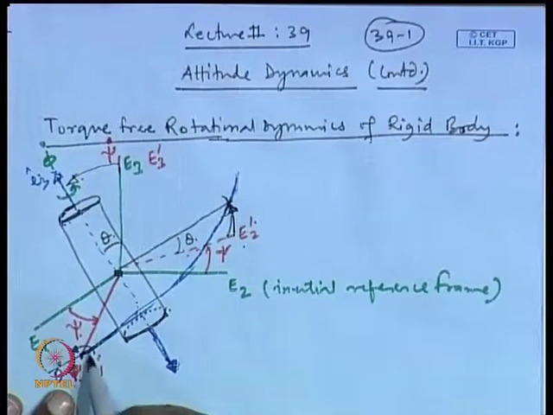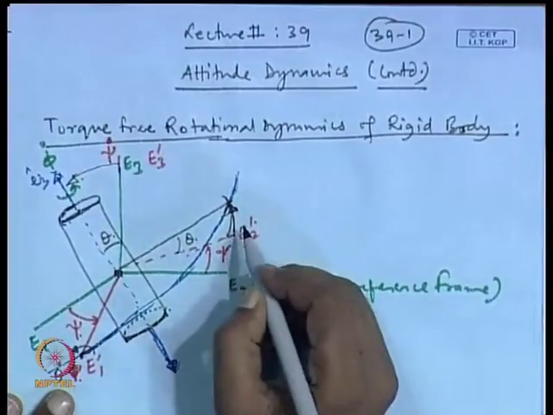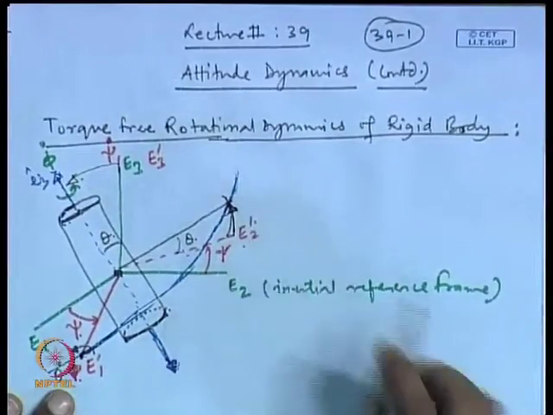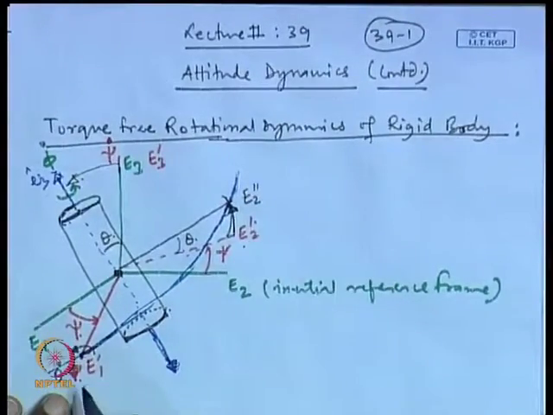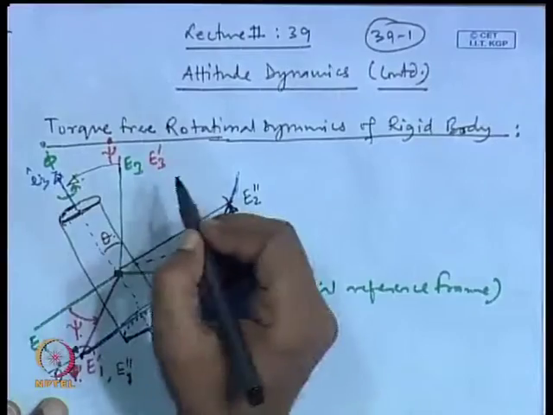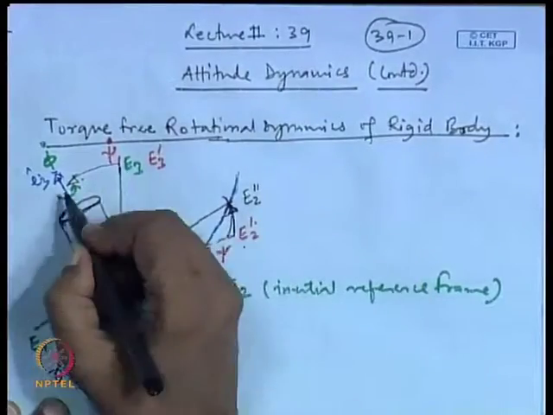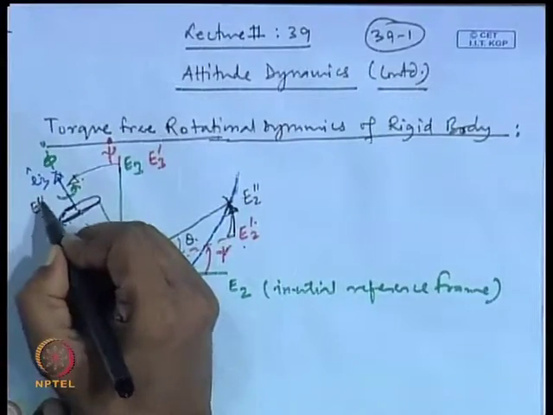In this plane this point will move from this place to somewhere else. Here we can name this point as E2 double prime, and here we will have E1 double prime, because the rotation is given in this place itself, and E3 double prime can be indicated here in this place.